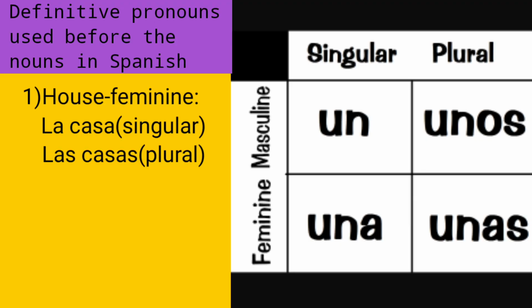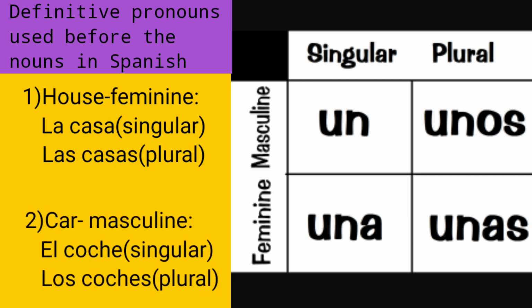One of the biggest messes in the Spanish language is, you know what? That all the nouns have gender. House in Spanish is casa, and it's feminine, so it's la casa, and if it's plural, you'll have to say las casas.